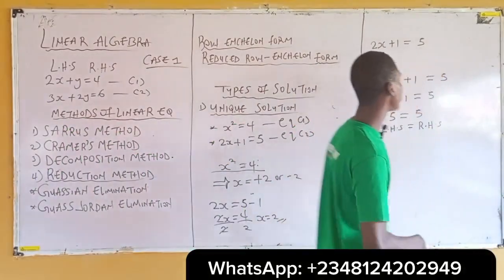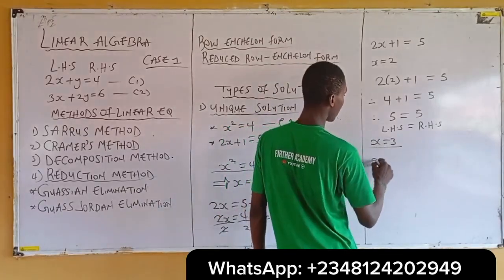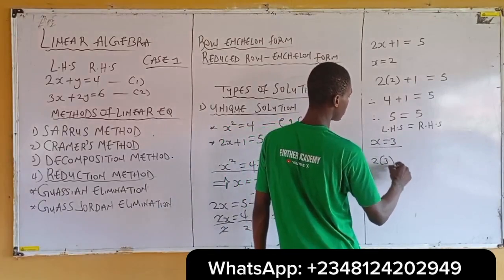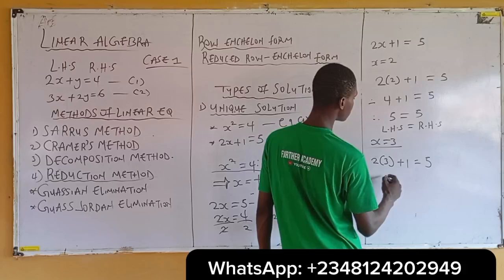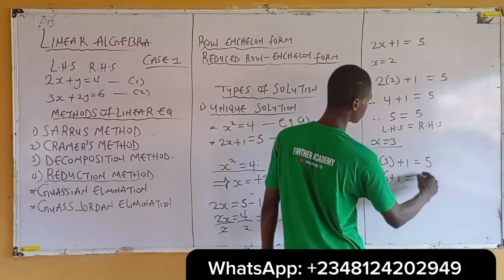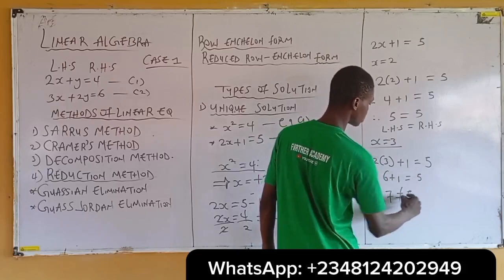Now let's check when x equals 3. I have 2 times 3 plus 1 equals 5? This gives me 6 plus 1 equals 5, which implies that 7 is not equal to 5.